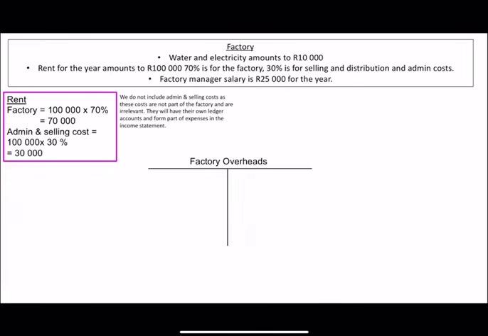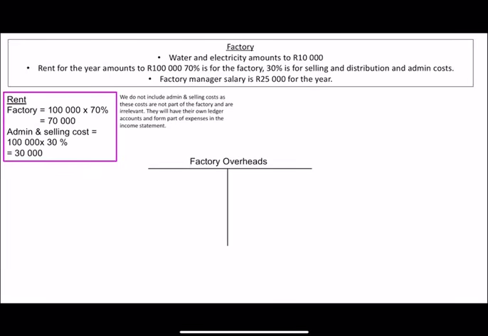Okay, let's read what it says. It says rent for the year amounts to 100,000 rand. 70% is for the factory and 30% is for selling and distribution and admin costs. Now, what's important to note is in our factory overheads, we only want expenses relating to the factory.